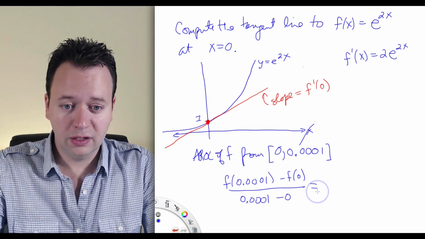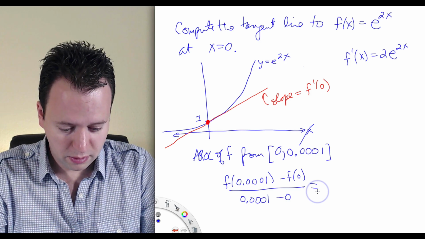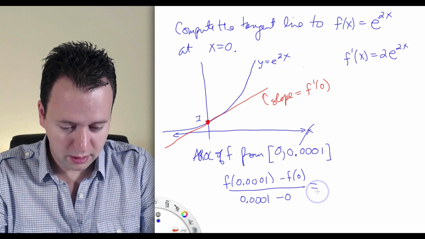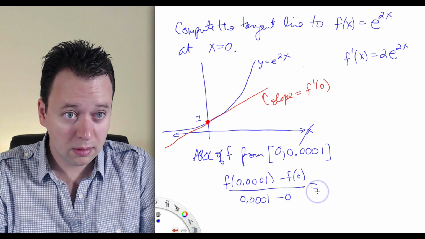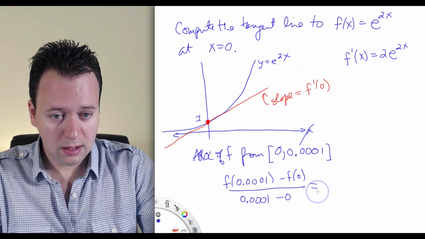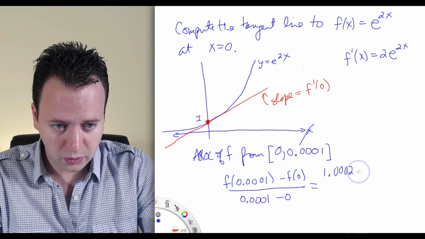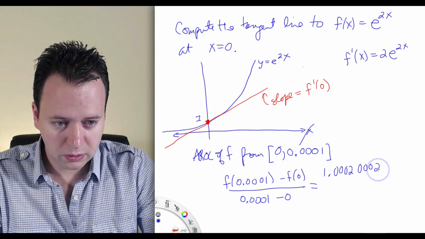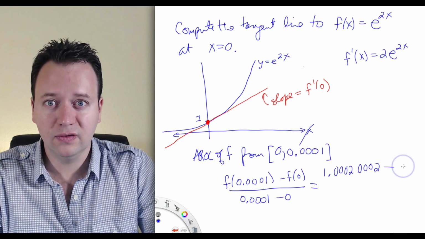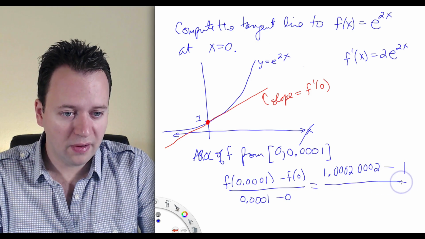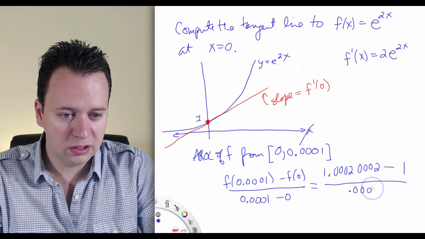Well, f of 0.0001 is 1.00020002 minus f of 0 is 1, and then divided by 0.0001.